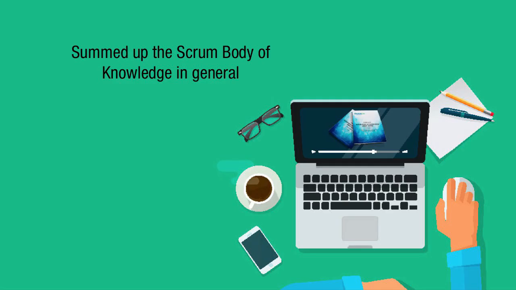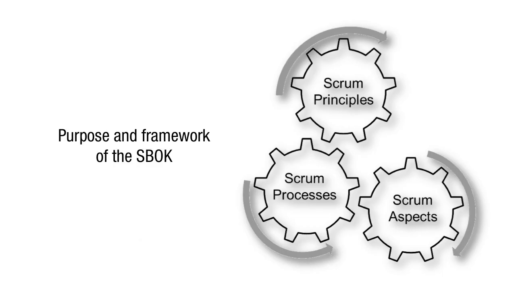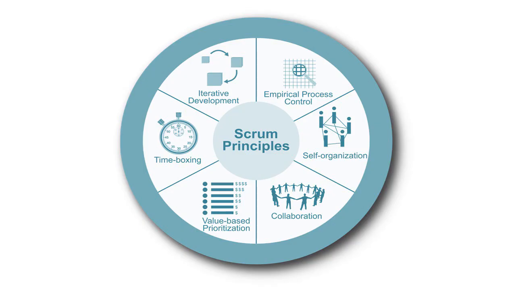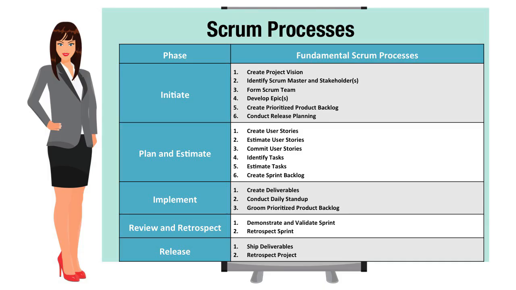Now that we have pretty much summed up the Scrum Body of Knowledge in general, let us quickly run through an overview of A Guide to the SBOK chapters. The first chapter describes the purpose and framework of the SBOK and provides an introduction of the key concepts of Scrum. It also contains the summary of Scrum principles, Scrum aspects, and Scrum processes.